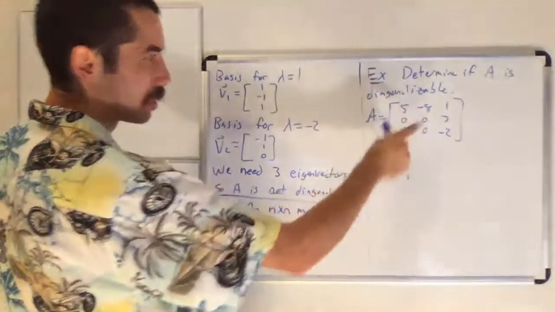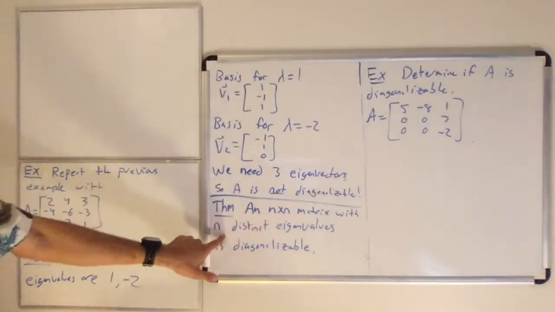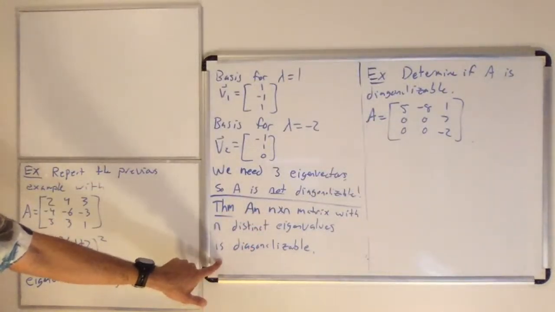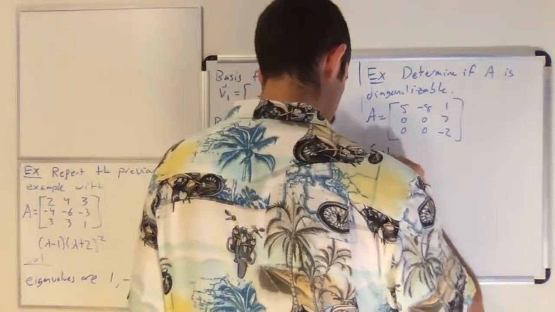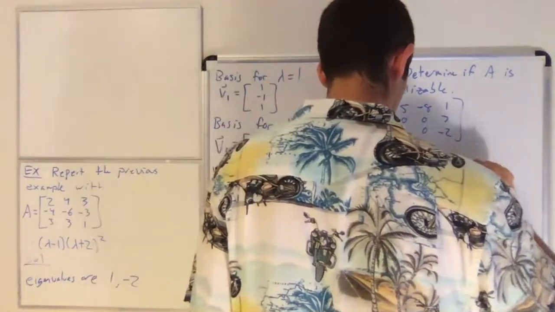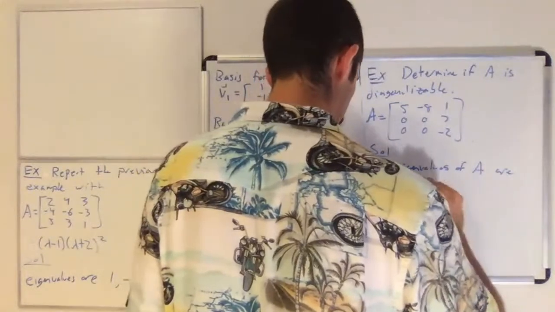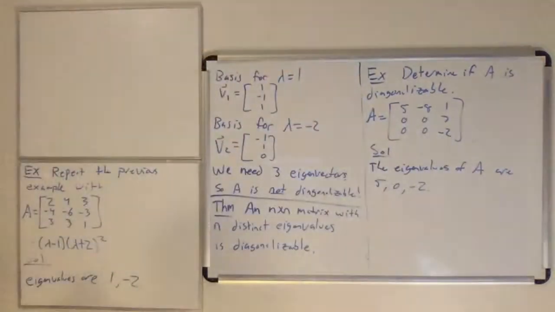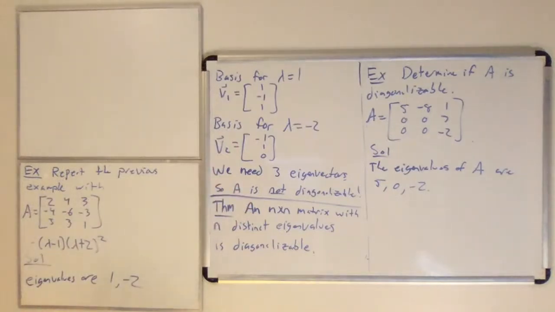So we have 3 distinct eigenvalues, and so we could use this theorem: a 3 by 3 matrix with 3 distinct eigenvalues is diagonalizable. Right, so the eigenvalues of A are 5, 0, negative 2. By the previous theorem, A is diagonalizable.